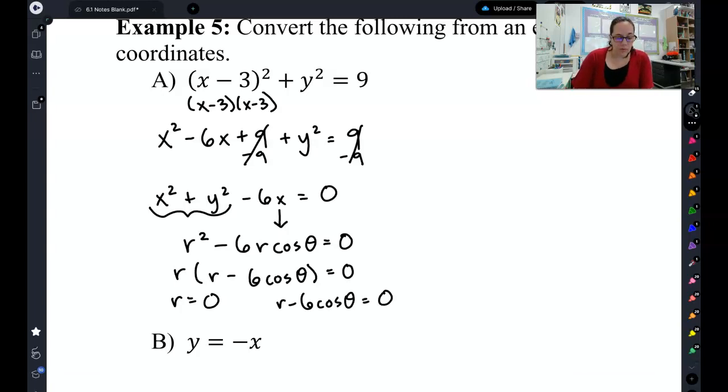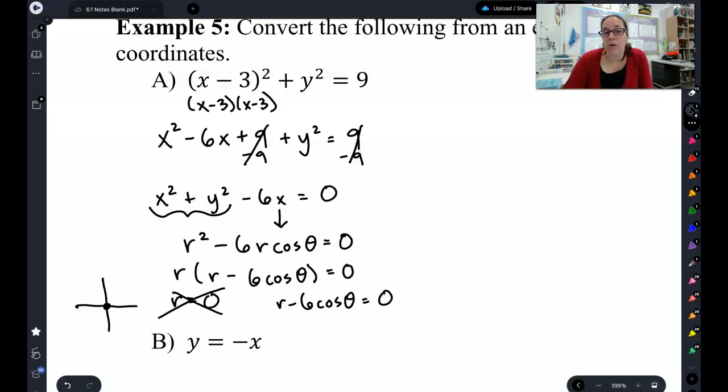I want you to note really quickly, r equals 0 is not actually a graph, an equation, it's a point. What does it look like if the radius equals 0? Well, if the radius of the circle equals 0, that's just a point at the origin. So because this is just a point at the origin, we're just going to ignore the r equals 0 part and instead focus on this next part.